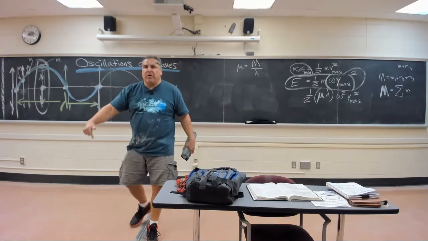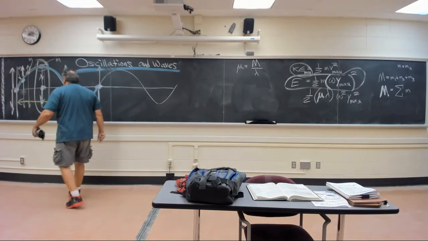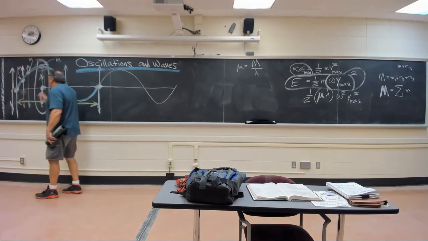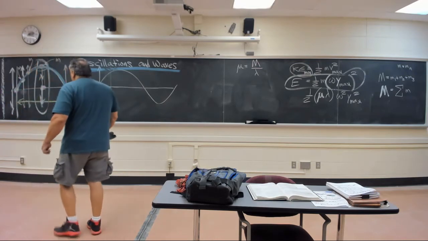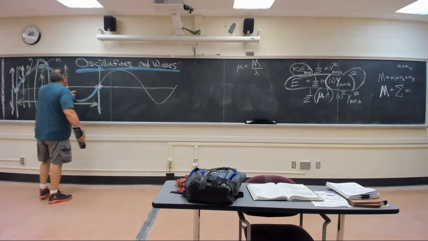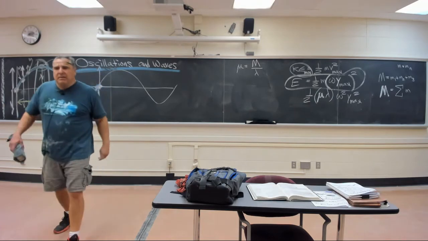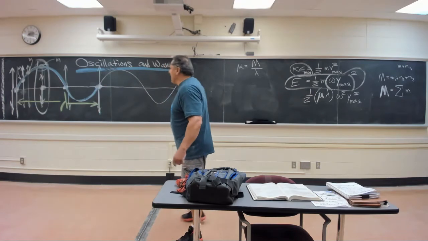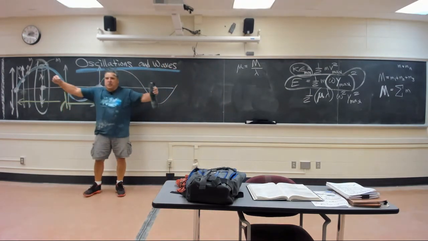Over the course of an entire period, every single one of these guys will have done a whole oscillation. If you start here and go all the way down to there, this guy will oscillate up and down at the end of that period. In the time it takes for that to do it, it'll also have done the same thing right here. Everybody, it's as though somebody just took the rope.